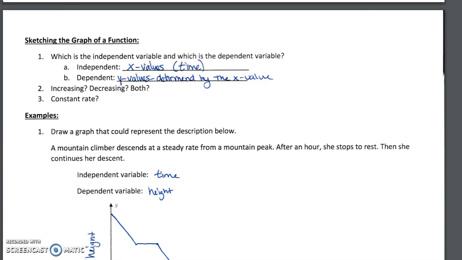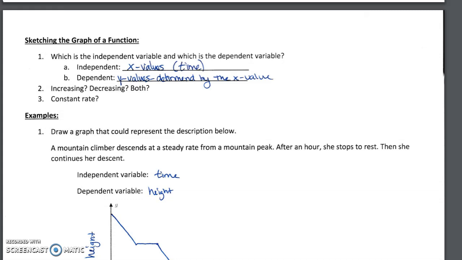It's your input. It isn't affected by the other variable. It stands alone. So independent variables are your x values. And just as a reference, if your story problem ever has time, generally speaking, that's your independent. Dependent are y values.